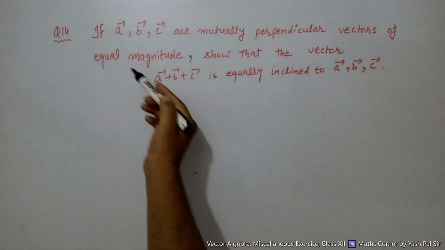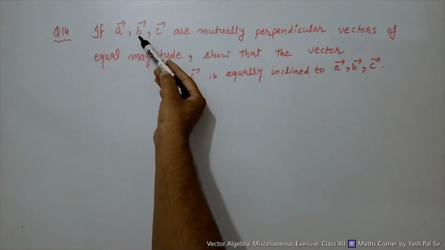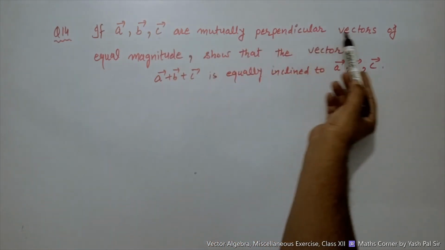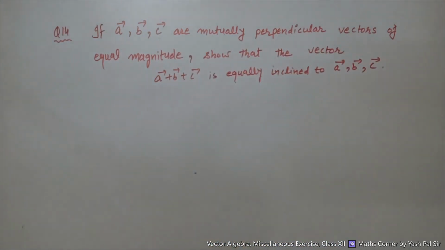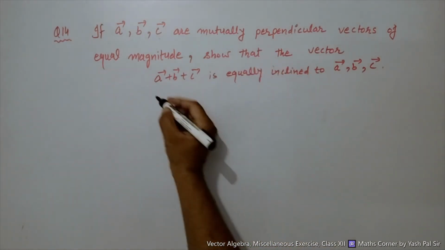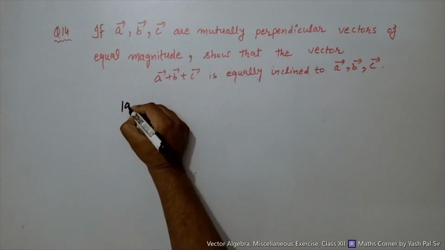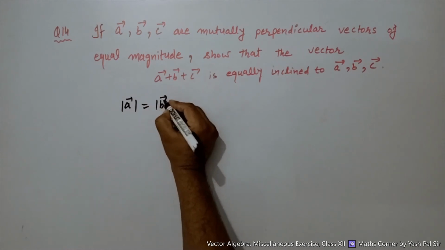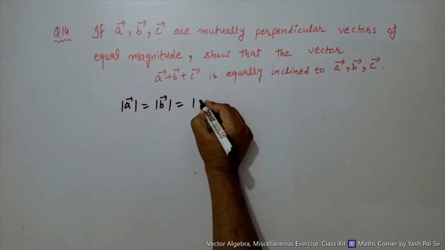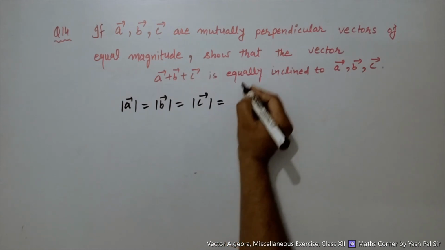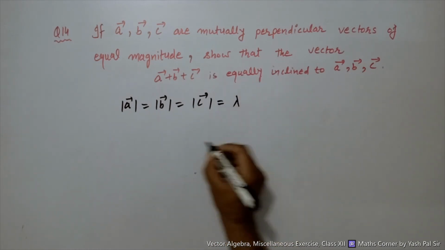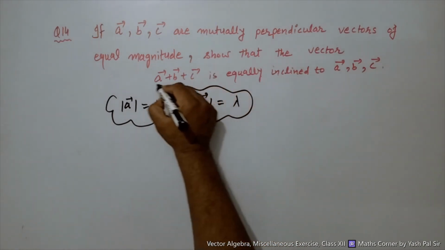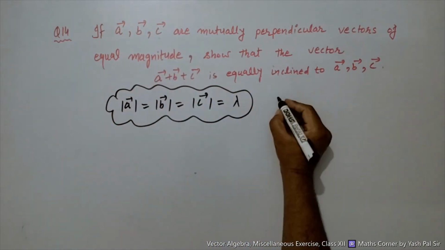Question number 14. If vectors A, B, C are mutually perpendicular vectors of equal magnitude. So equal magnitude means magnitude of vector A equals magnitude of vector B equals magnitude of vector C. Suppose the value is equal to lambda, the very first condition. Second condition, they are mutually perpendicular.